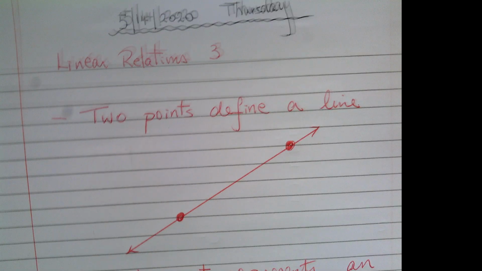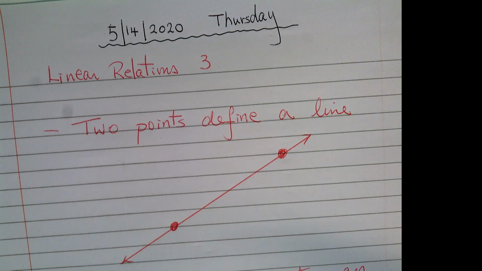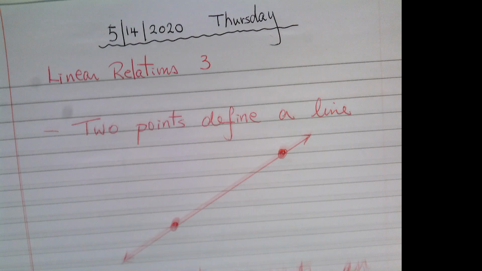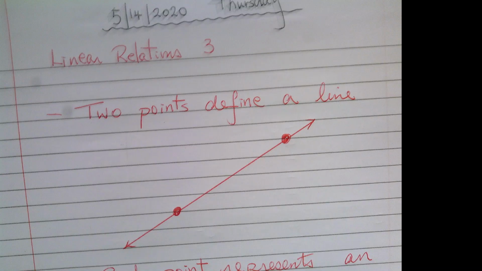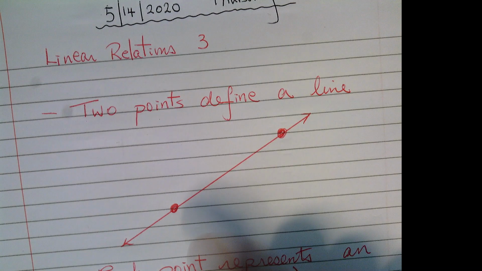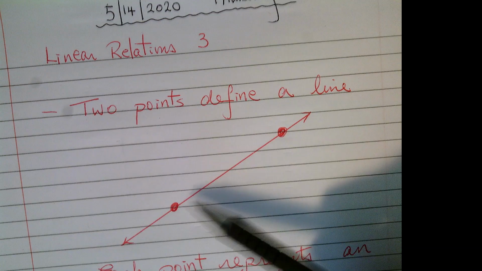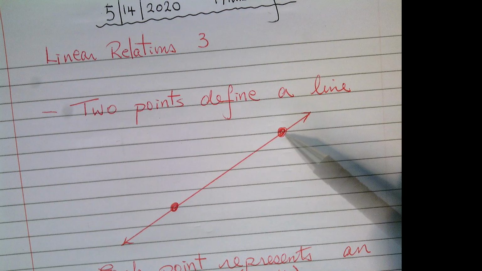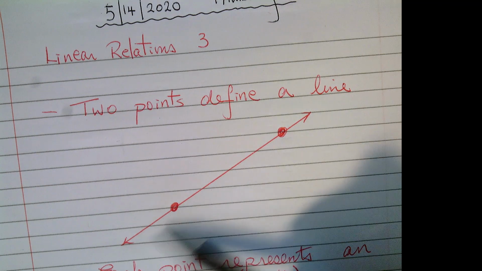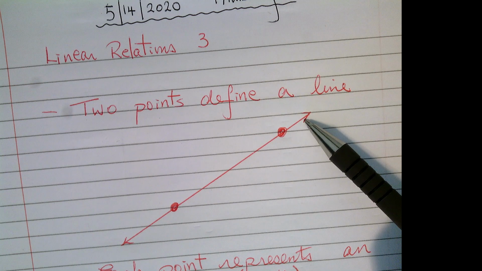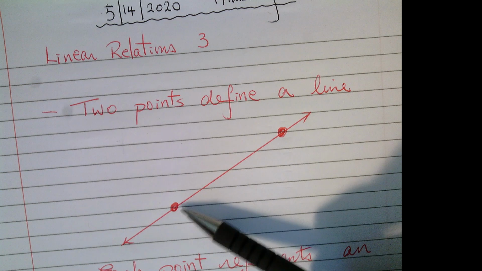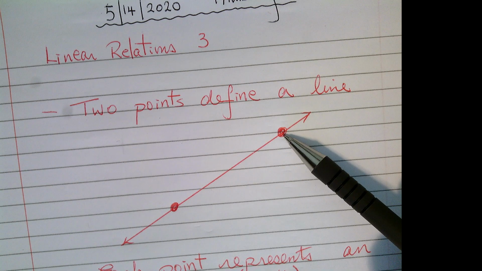Now, graphing linear relations has something to do with the definition of a line. Two points define a line. It means you need at least 2 points that would allow you to draw a line, and the line will pass through the points.